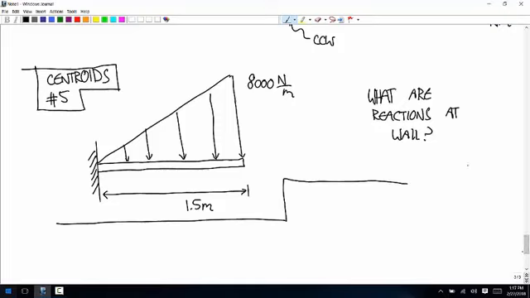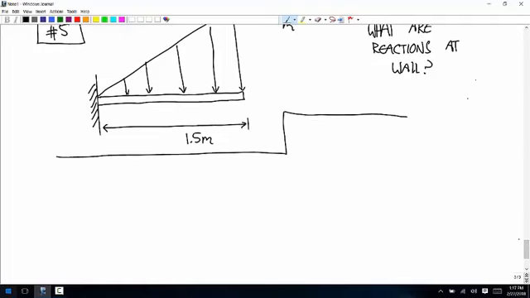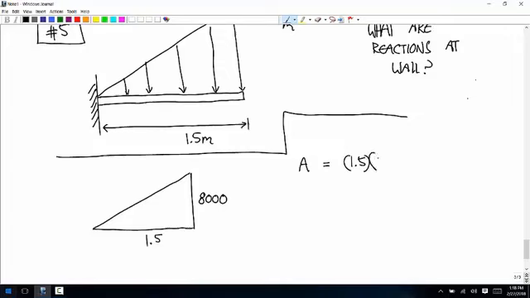So first, we want to represent this as a point force, so we're going to calculate the total area and then the centroid. The base is 1.5. The height is 8,000. So the area is 1.5 times 8,000 divided by 2. So that's 6,000 newtons.